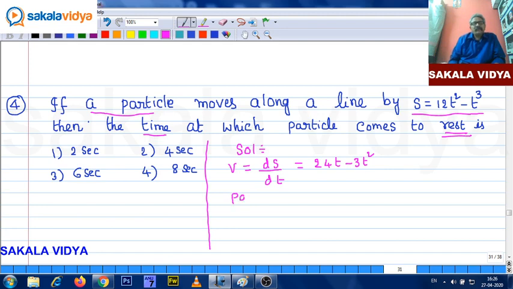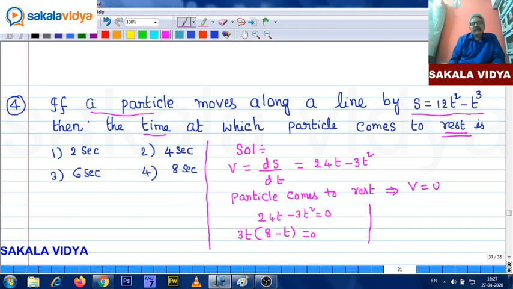Particle comes to rest means final velocity becomes 0, not initial. That means 24t minus 3t square is equal to 0. Take 3t common, we get 3t times (8 minus t) equal to 0.